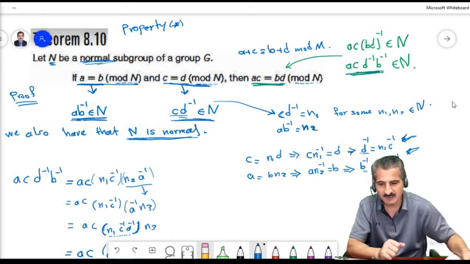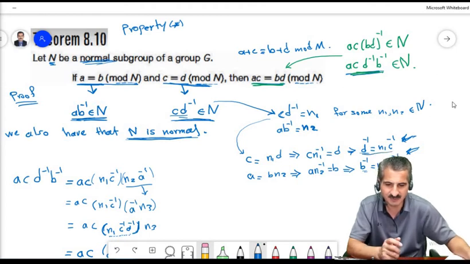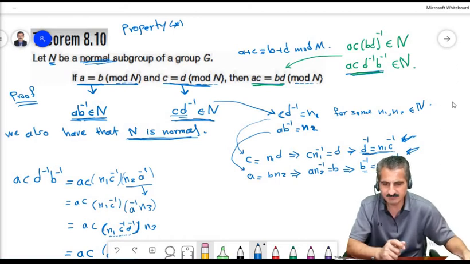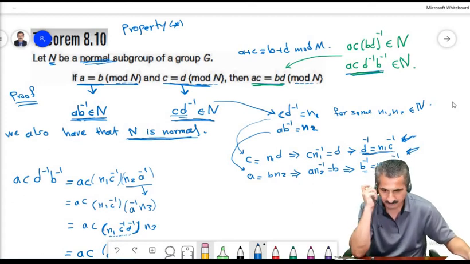Here we just played with it. C equals n1 D, and then D equals n1 inverse C. Take the D inverse, and then we get that. And same thing, we played with that. A equals n2 B, that means B equals n2 inverse A.